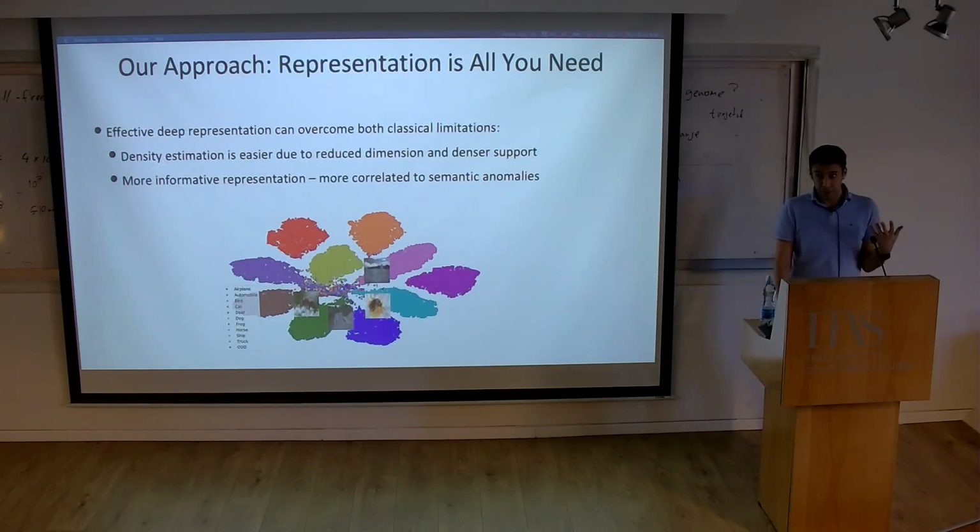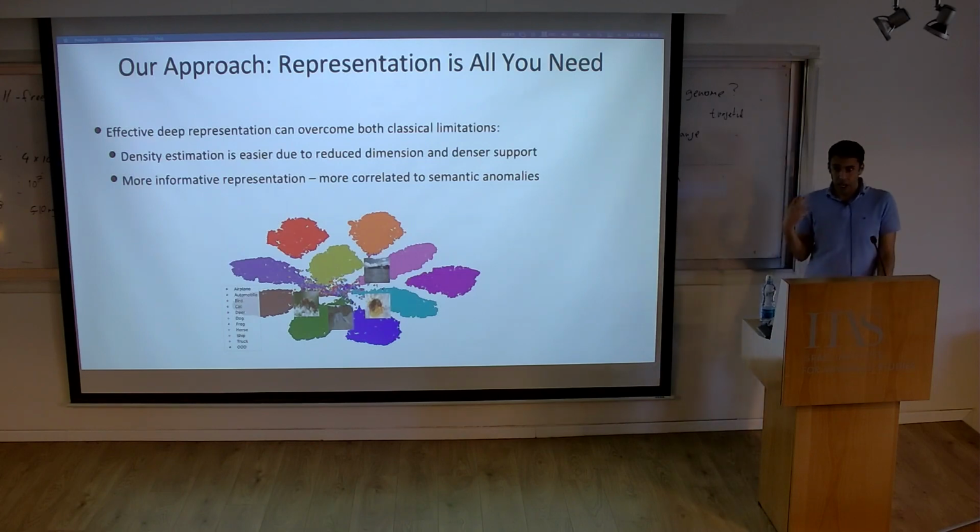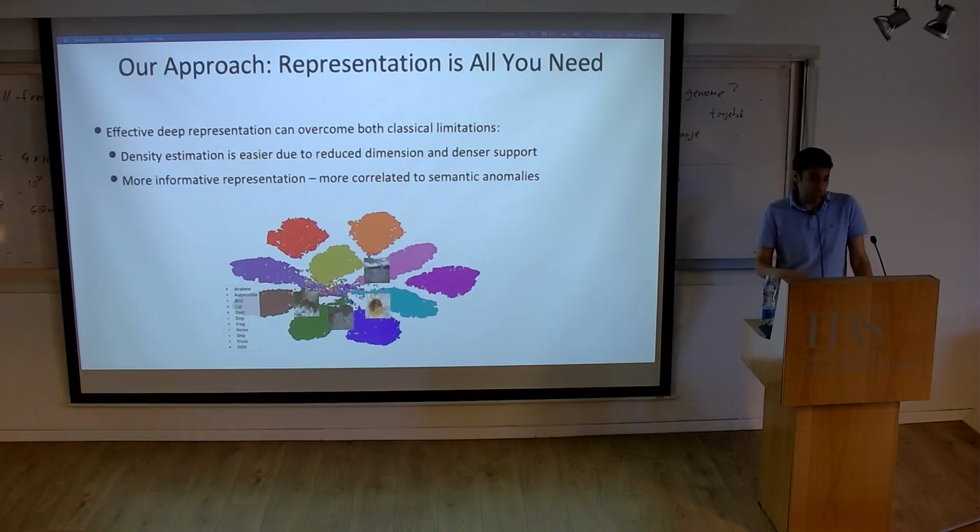Or to say this differently, we want to find representations in which, if there is a large distance between two images or two data points, we would consider these two data points to be very different in the semantic factors that we actually care about. And the nice ability of deep encoders is that they typically give us more semantic representations than the raw data, and often more semantic representations than we would be able to handcraft ourselves.